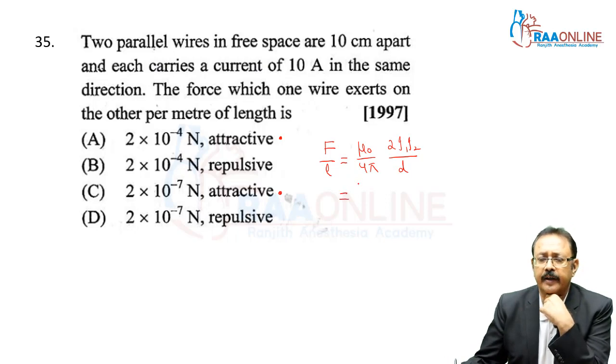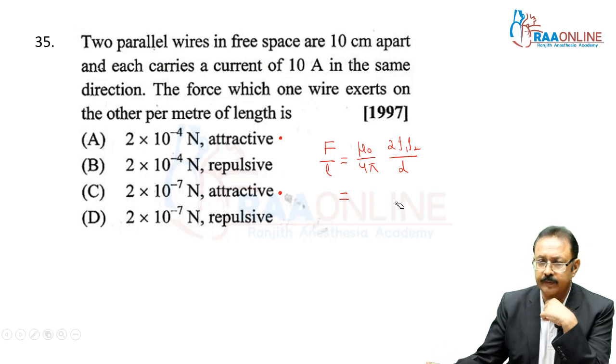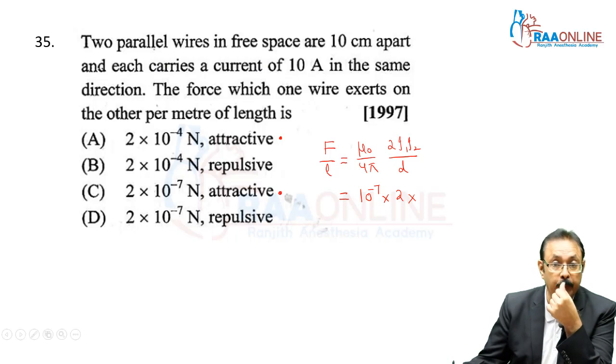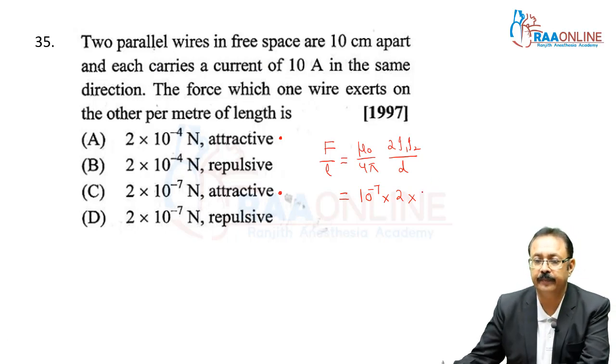So what are we getting here? Mu naught upon 4 pi is 10 to the power minus 7, times 2, I1 I2, current in each wire is 10. Distance between them is 10 centimeter.